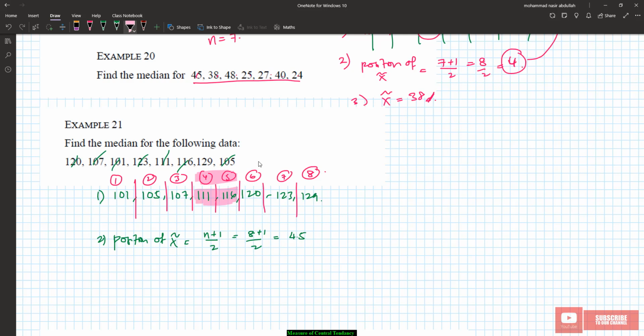To get 4.5, what we do is take 4 plus 5 divided by 2, so we get 4.5. Logically, we then do the same procedure on the values. So number 3, median is equal to 111 plus 116 divided by 2.